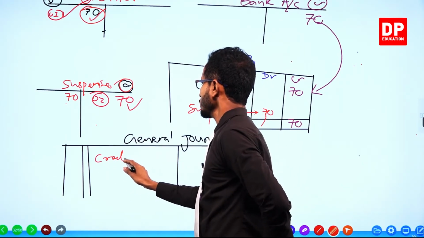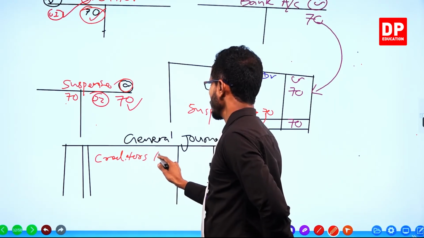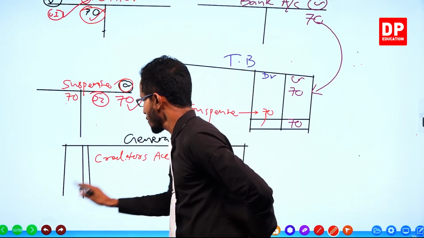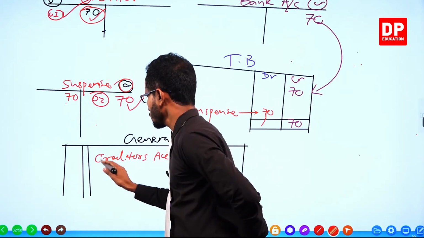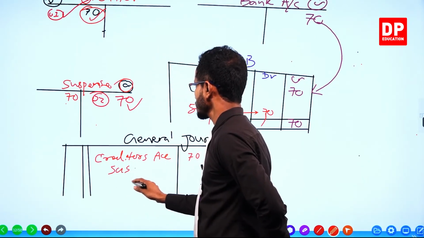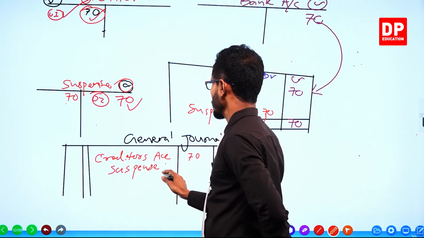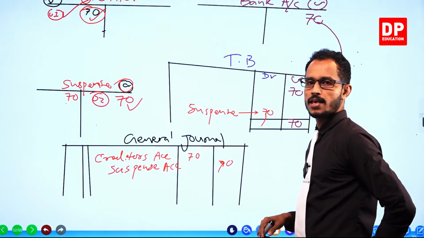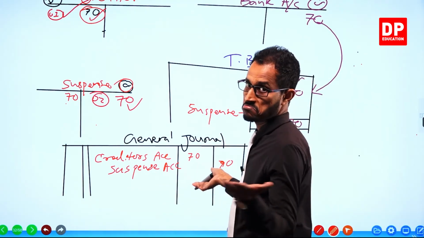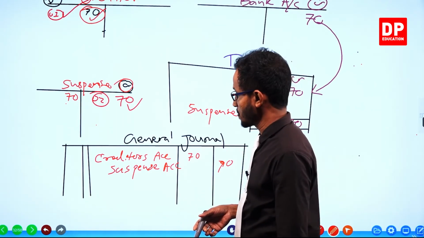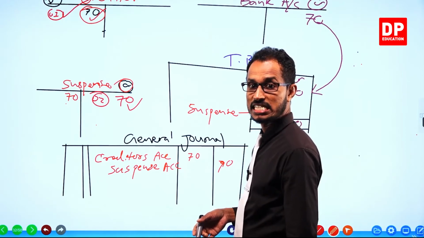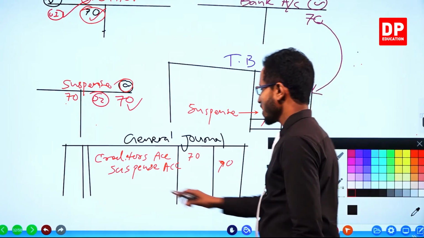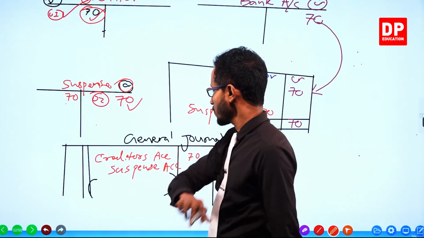You write creditors account debit 70, then suspense account credit 70. That's it. It's not too complex, right? Now write the narration.